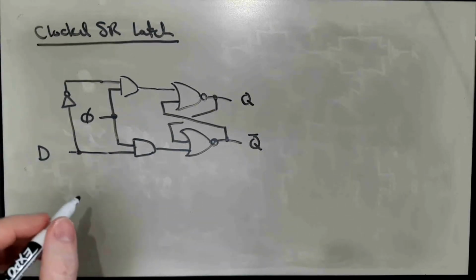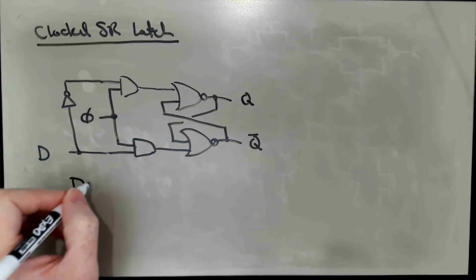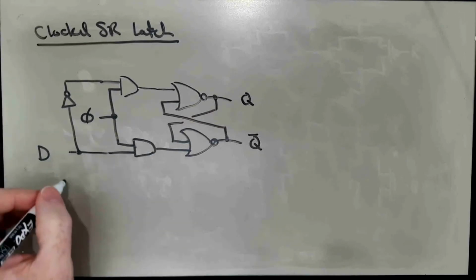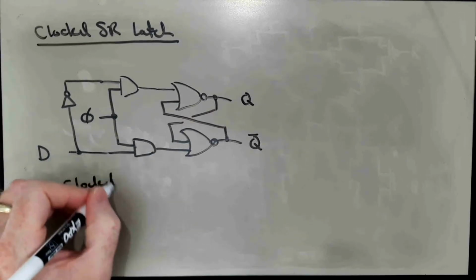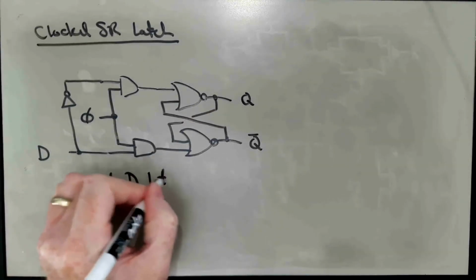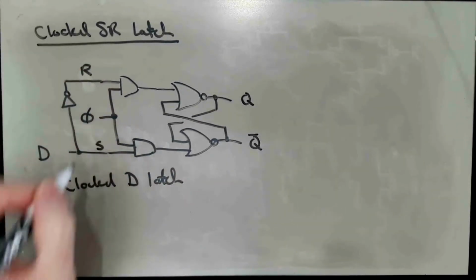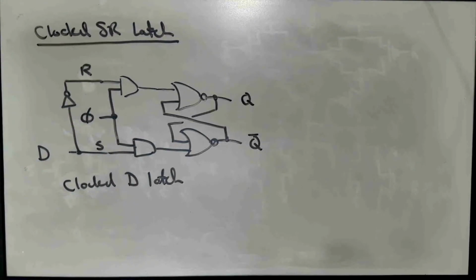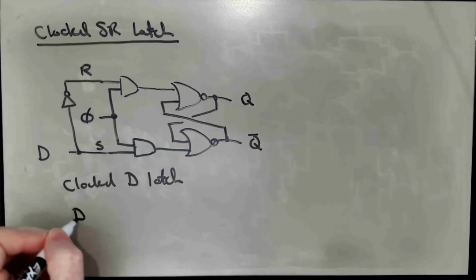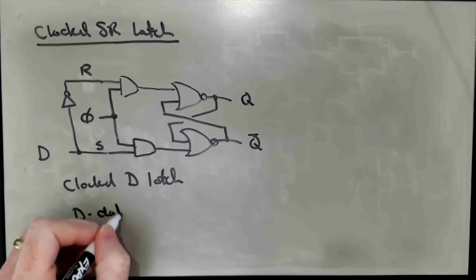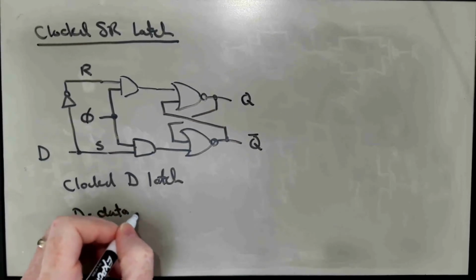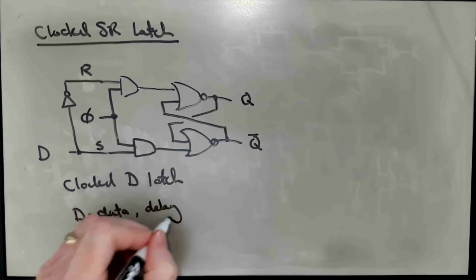And so a D latch looks like this. D stands for data in some contexts, or delay in other contexts.